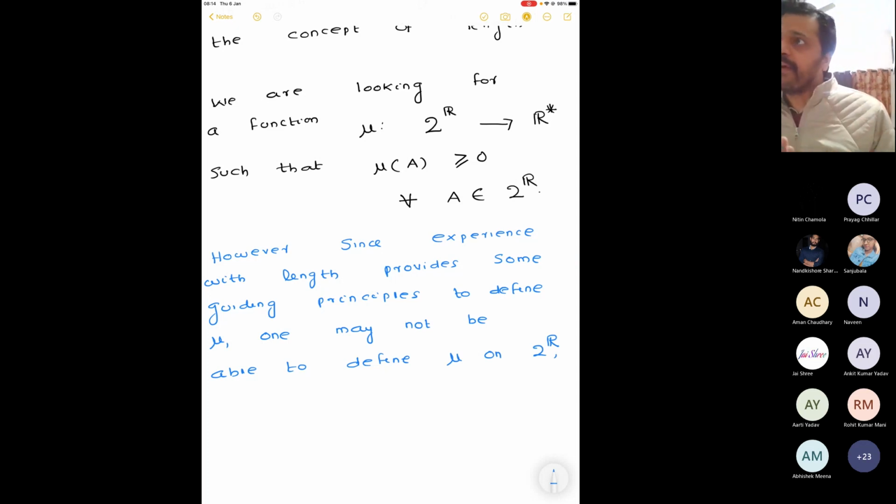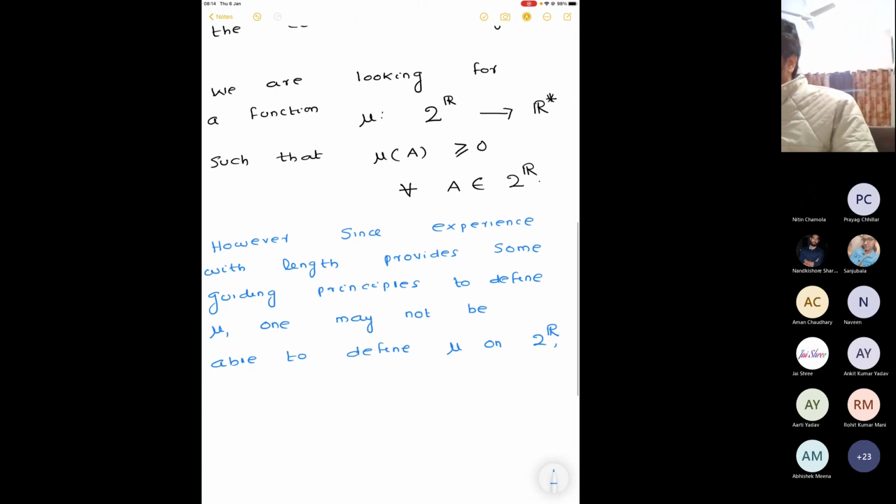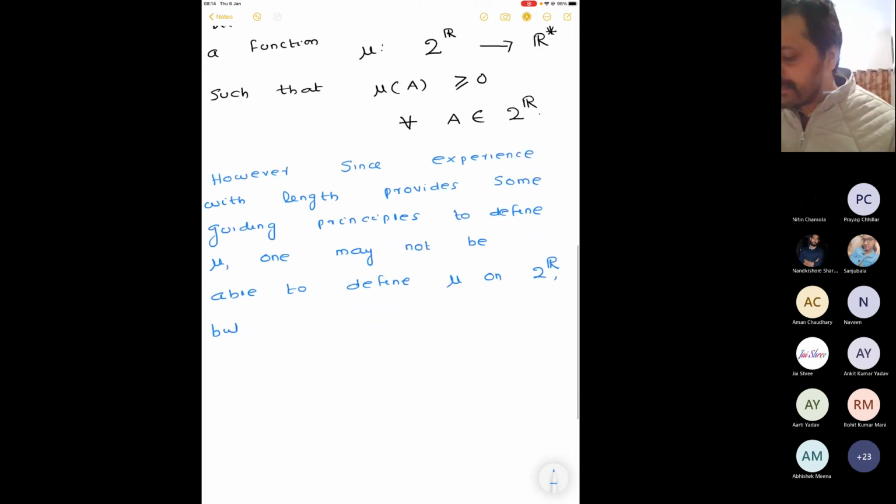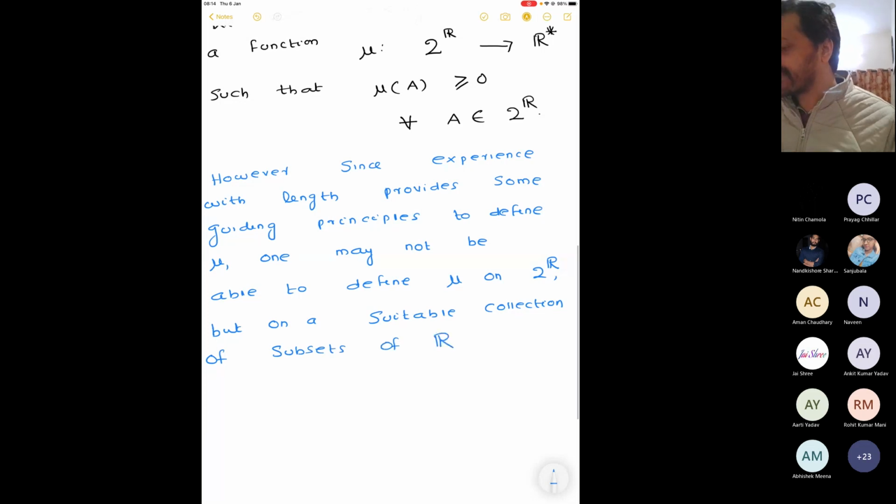But if we cannot, you should look for some suitable collection of subsets of R, that suitable collection I am calling B.